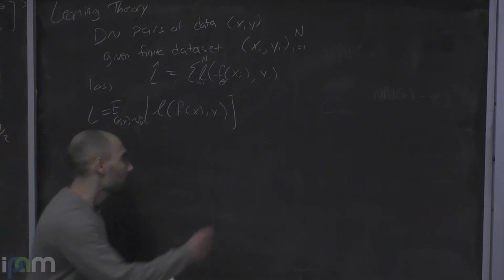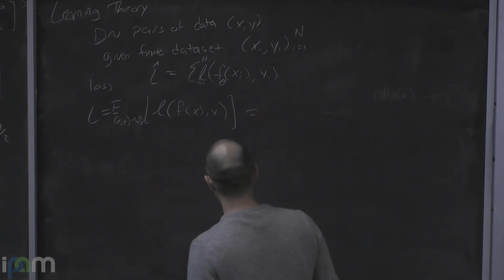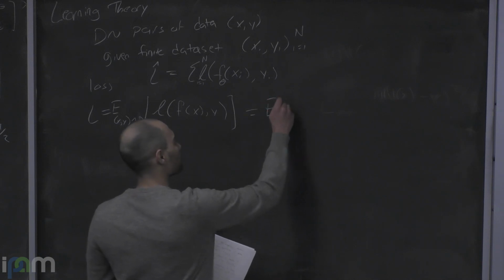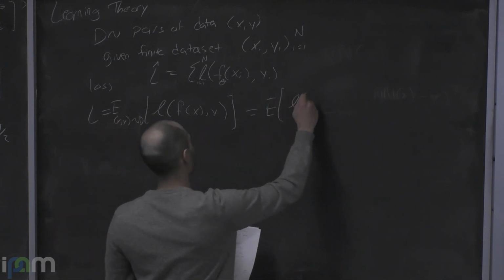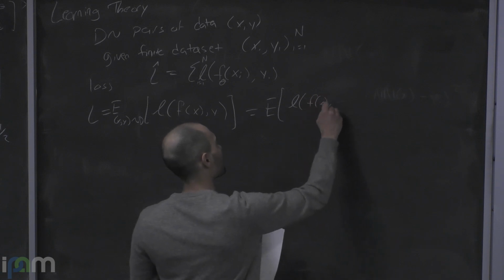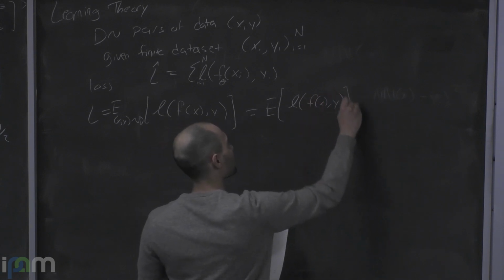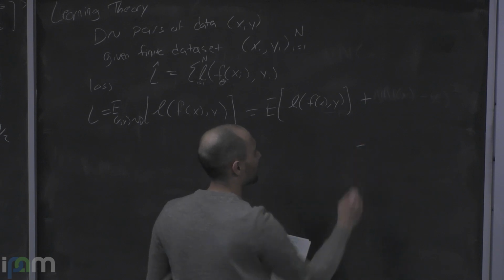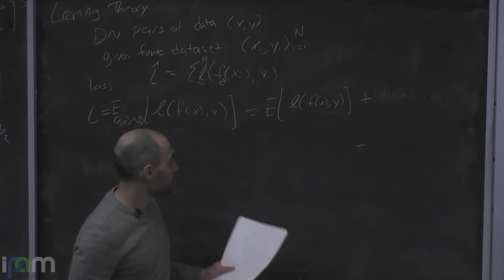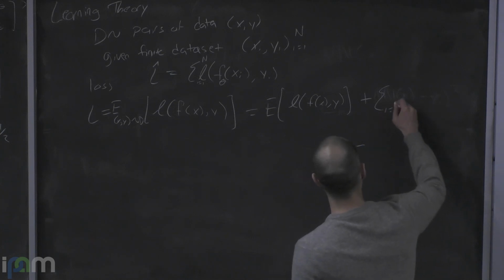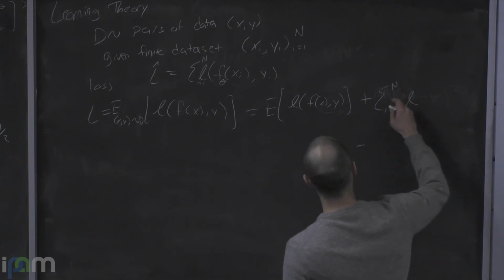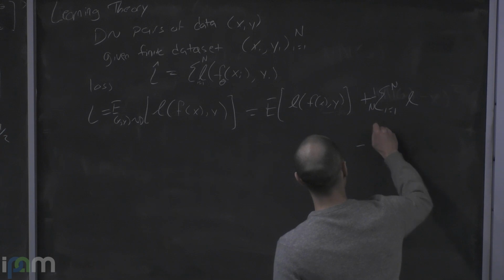So a common step in learning theory is we say, we have this quantity, the expectation of L(f(x), y), and then we add and subtract the same thing, which is our empirical loss, with a 1 over n here.